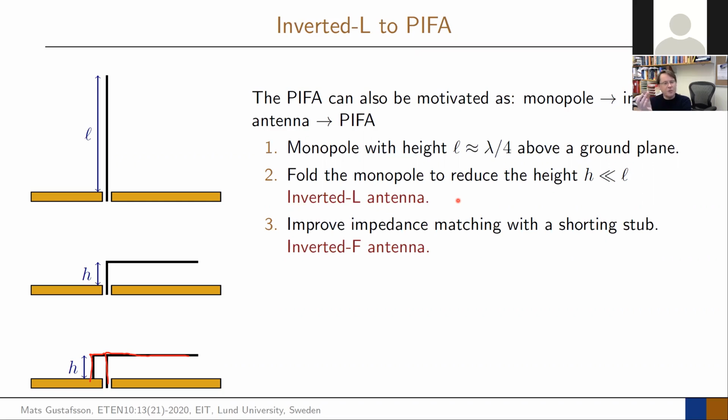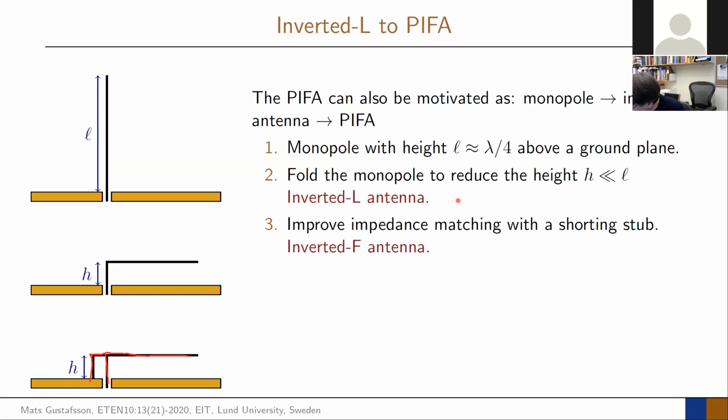You had a length and a width, and your bandwidth was related to the width. The same when you had your dipole: if the dipole is a very thin wire, you can increase the bandwidth by making it wider. Fat is good. So you make a fat antenna. And that you also do with this PIFA.